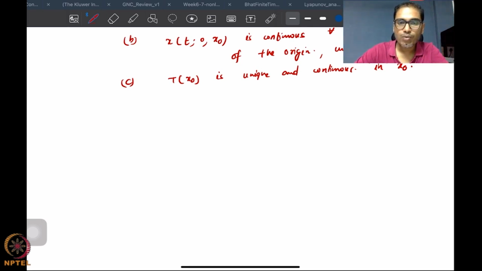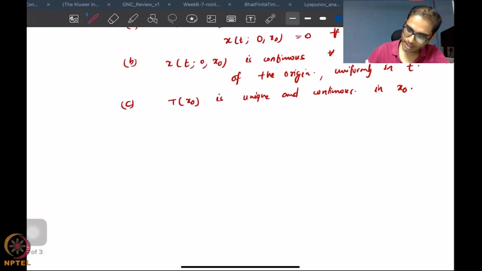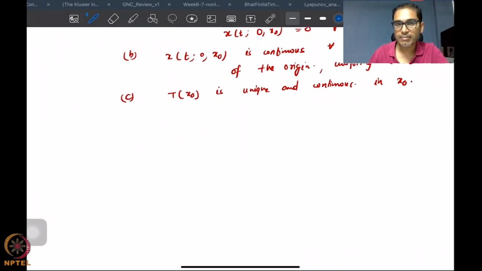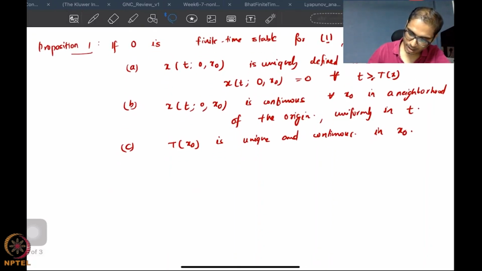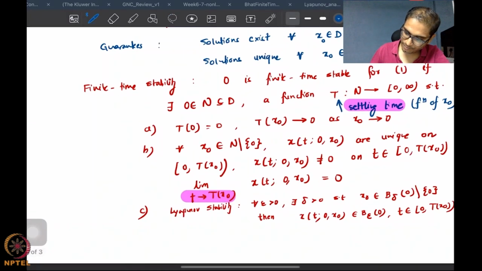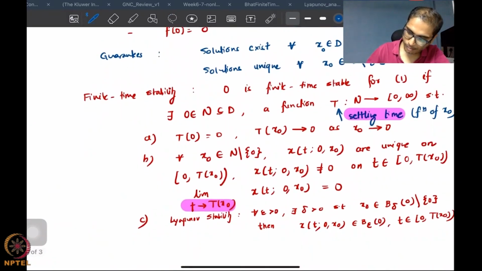Now what do we want to do? Obviously we've always seen that these notions of asymptotic stability, these definitions never really helped us. So what we really want to do is to have some Lyapunov-like conditions to characterize finite time stability as well. That is what we are moving towards.